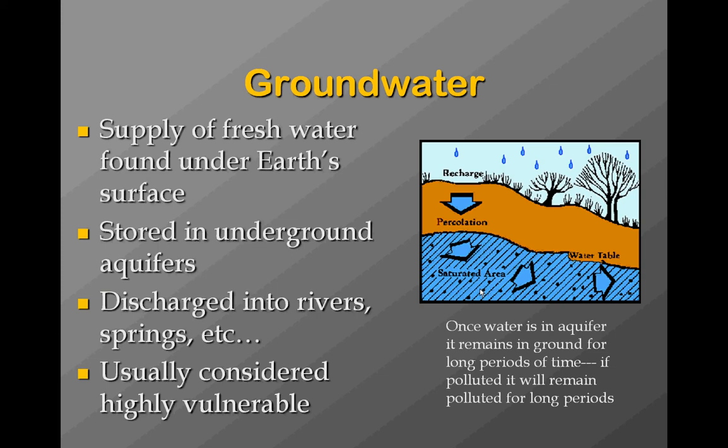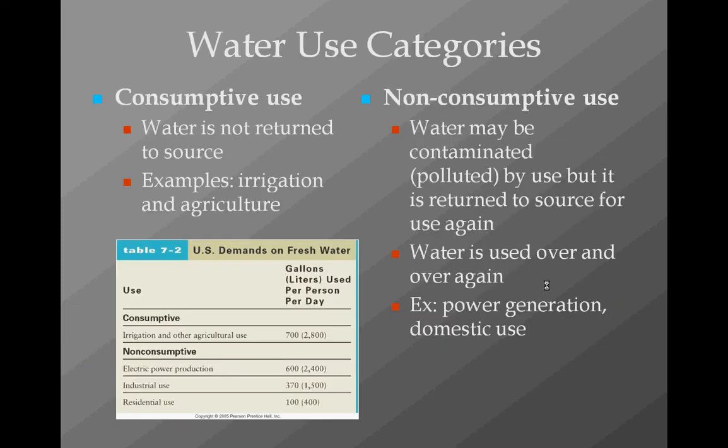Therefore, if something were to happen, either we overdraw from this water supply, that is, take more water out than is re-entering by being recharged, or if we were to pollute this aquifer, it would be damaged or constricted for long periods of time. That's important to keep in mind. Groundwater pollution can almost be considered permanent.